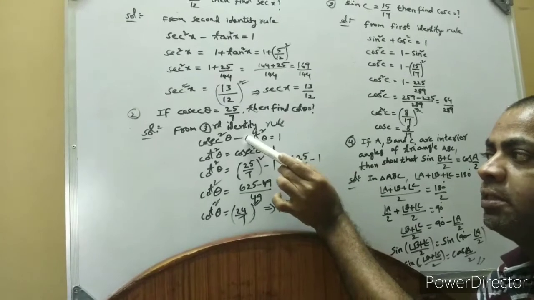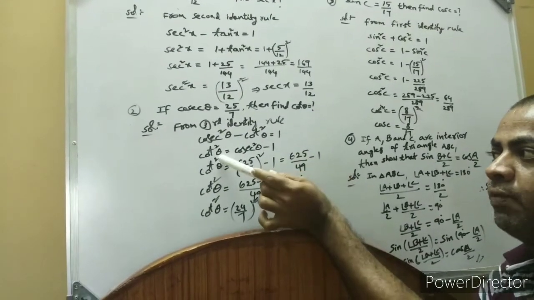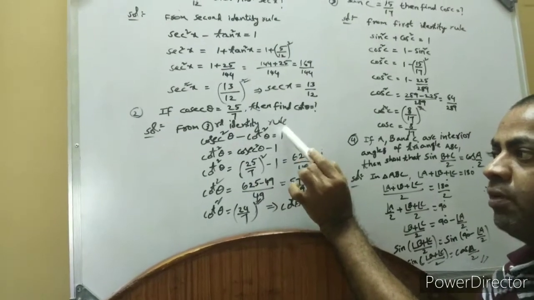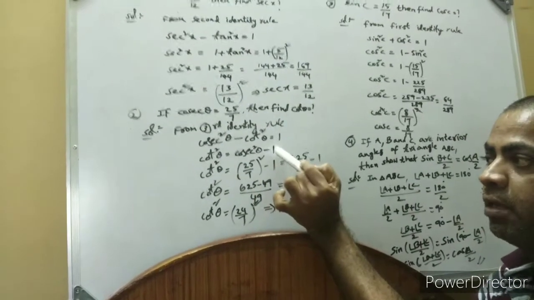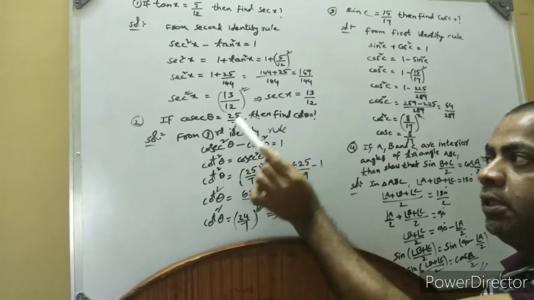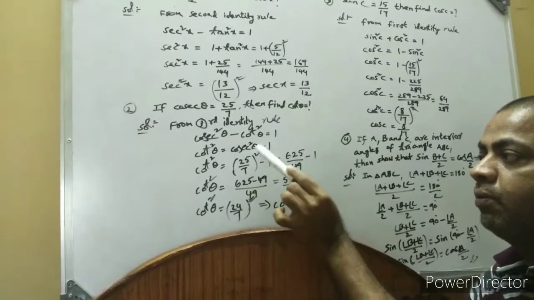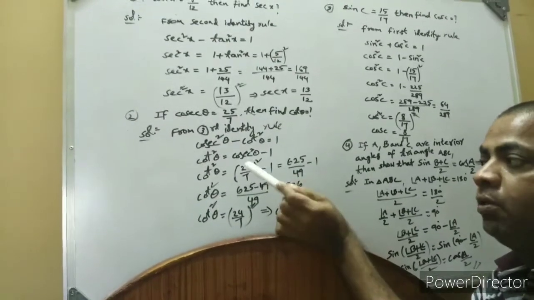This minus cot square theta I am taking from left side to right side. Then cot square theta is equal to cosec square theta minus 1, transposing the 1. Cot square theta is equal to, the cosec theta value is already given, 25 by 7, whole square minus 1.